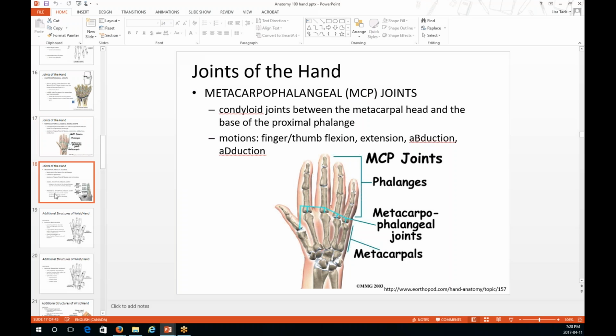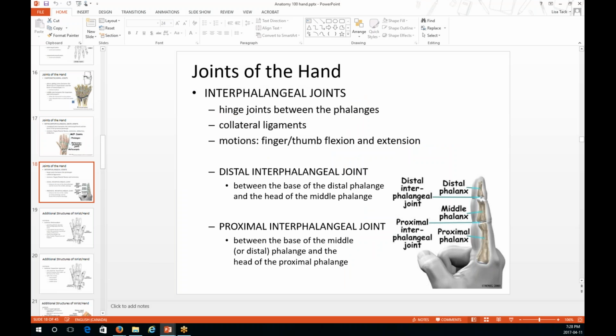And then the only other joints we have are interphalangeal joints, so between the phalanges. They are hinge synovial joints. They have collateral ligaments, and we get the motions of flexion and extension of the fingers and thumb. So you've got your PIPs and your DIPs, right?